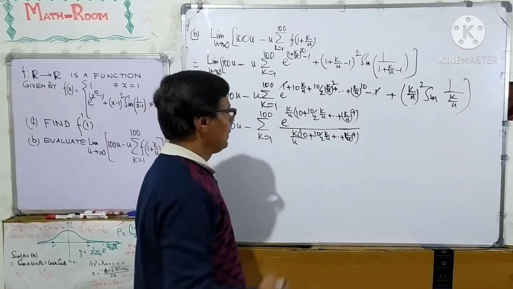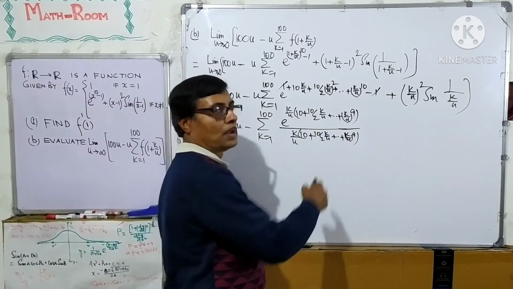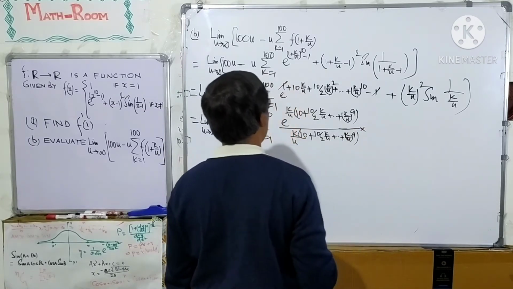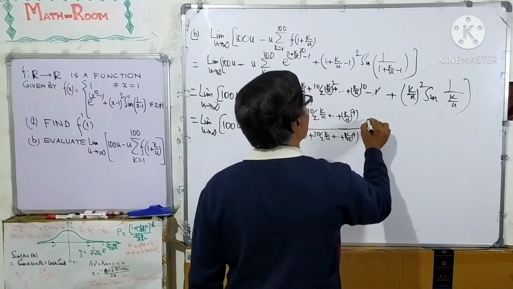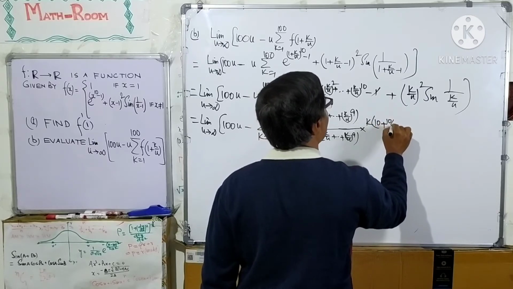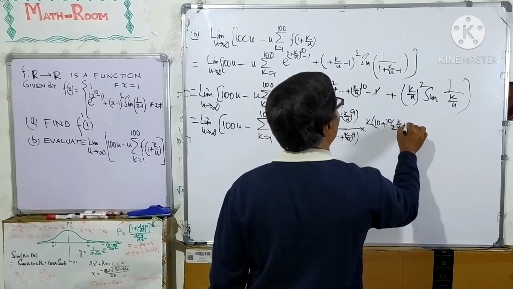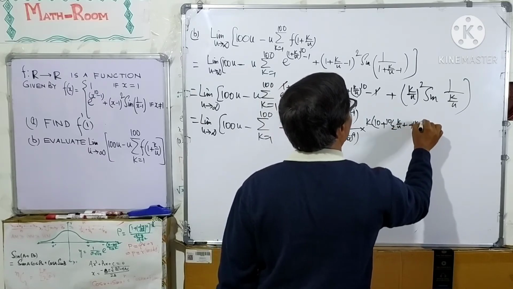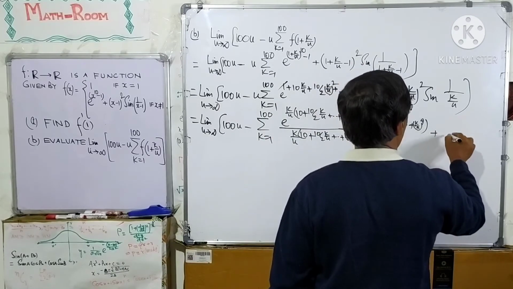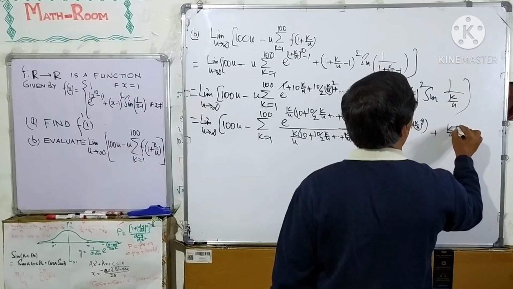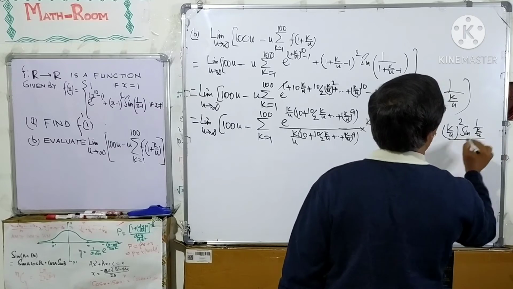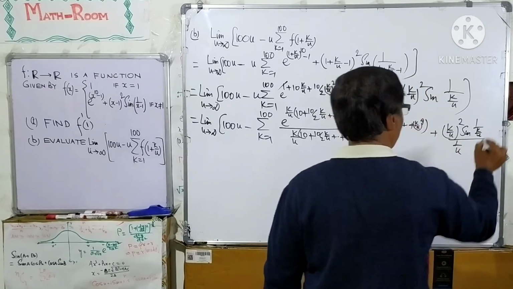So this is k into (10 plus 10C2 k over u and so on to the power 9), and (k over u) square sin of 1 over k over u.